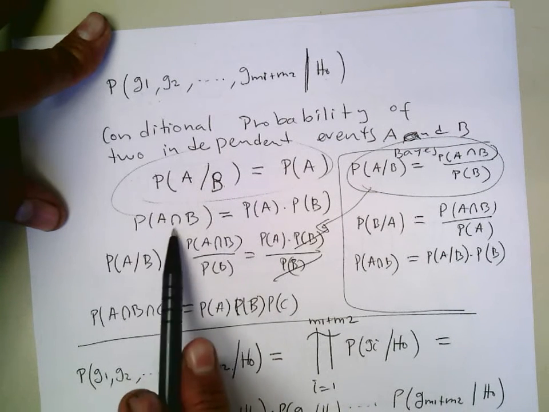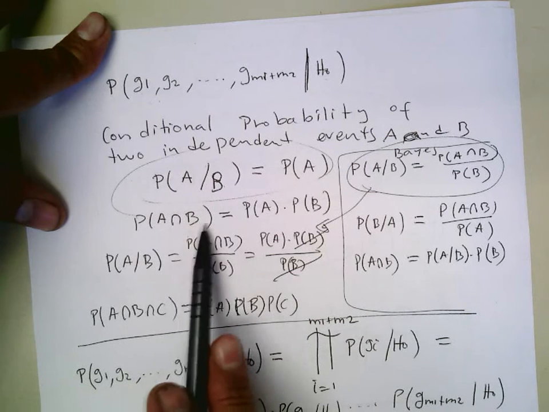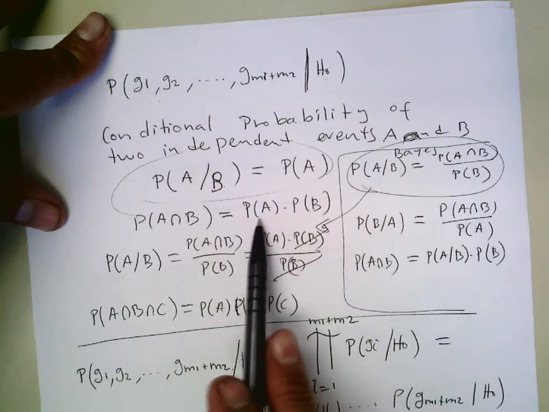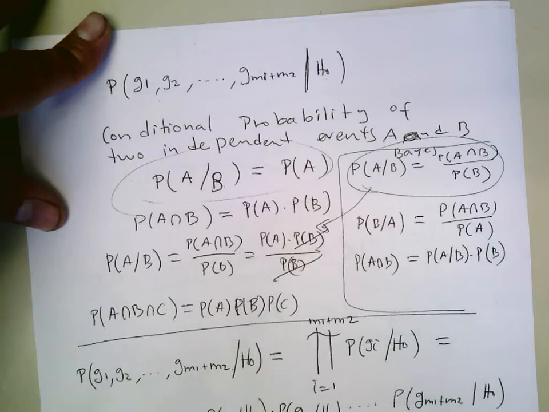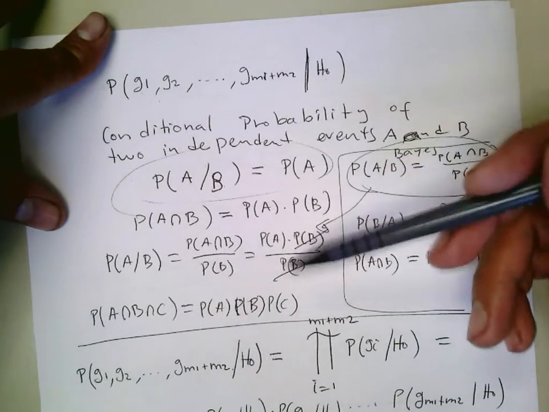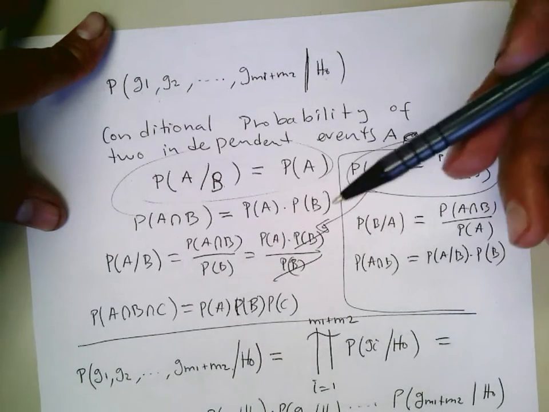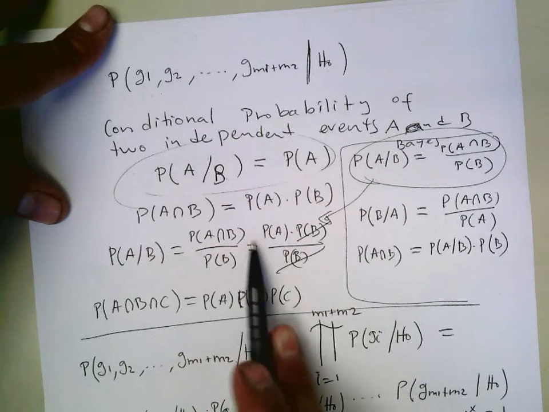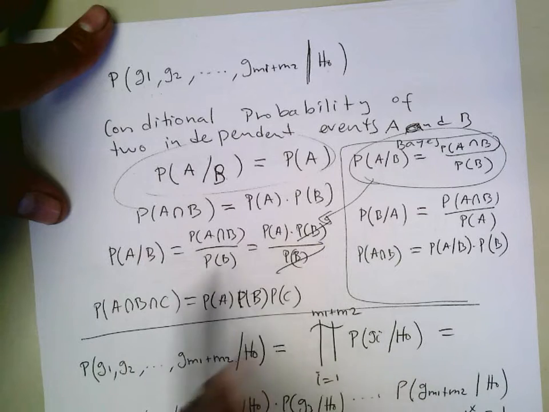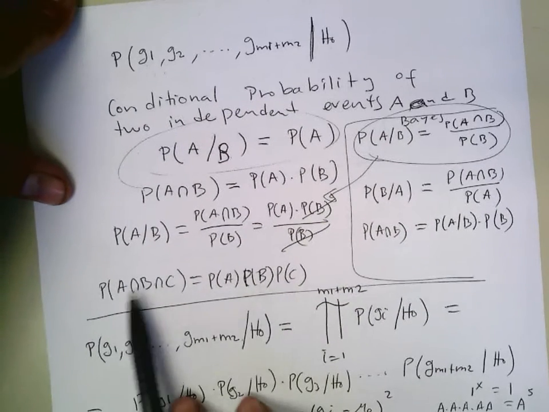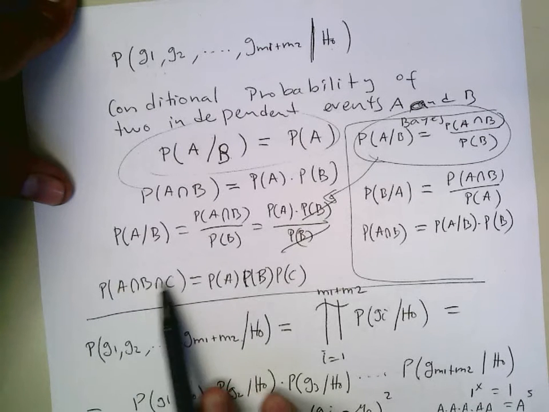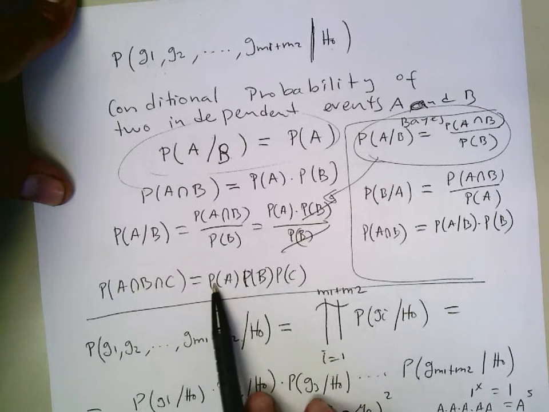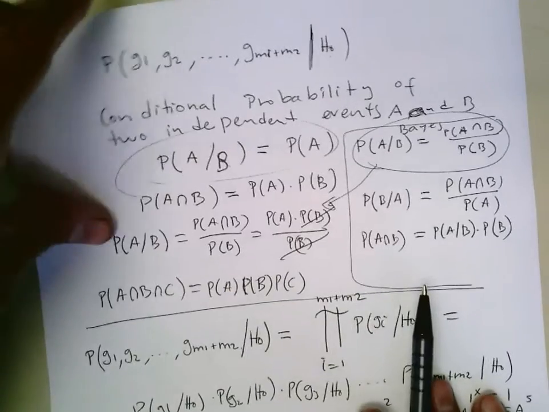And in the case of independent events, the probability of A and B is the probability of A times the probability of B. This is something that maybe you just want to remember. Then the probability of A given B, if we expand the formulas, will be equal to this type of probability. So the probability of A, B, and C happening, when these are independent, is basically the multiplication of the probabilities.